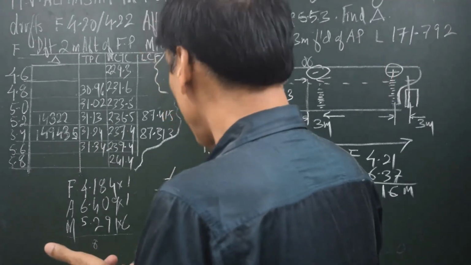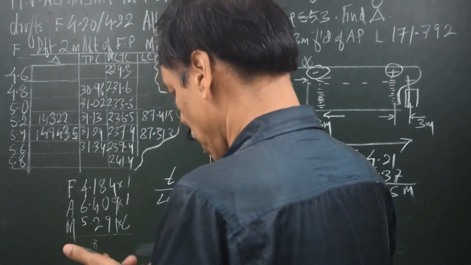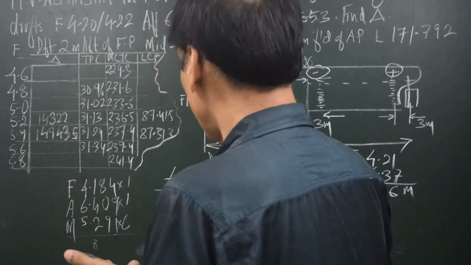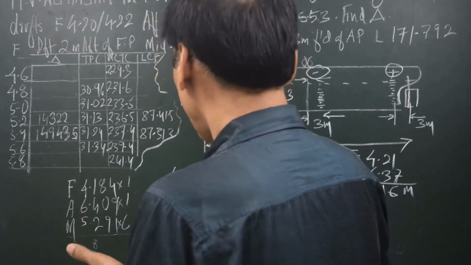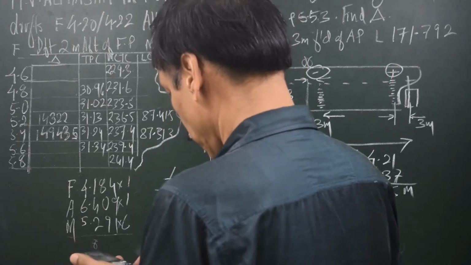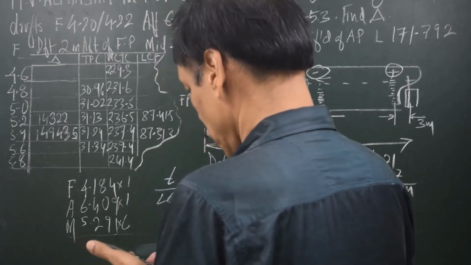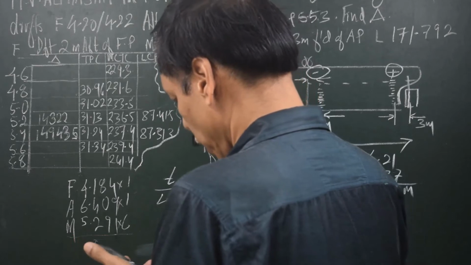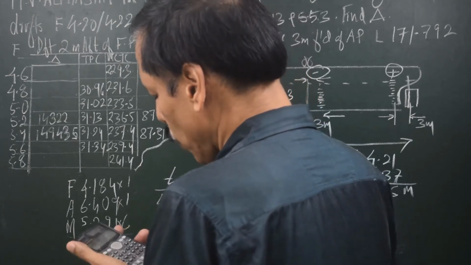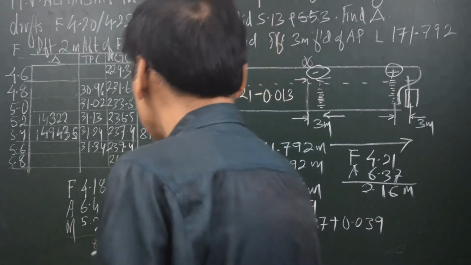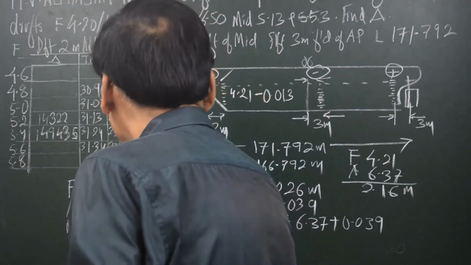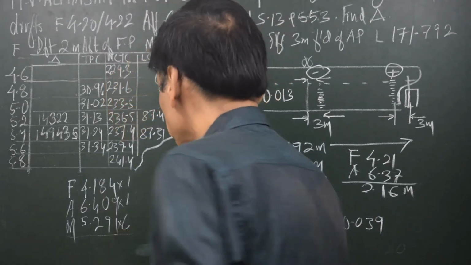So 5.291 into 6 plus 4.184 plus 6.409, divided by 8 gives me 5.292 meters.